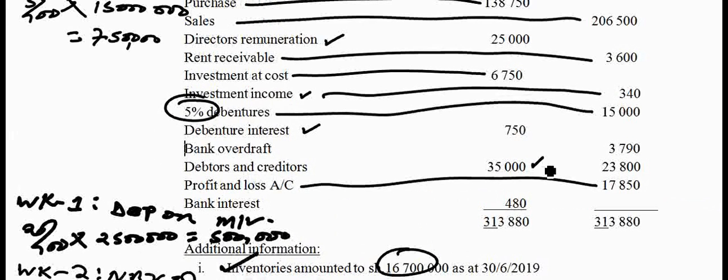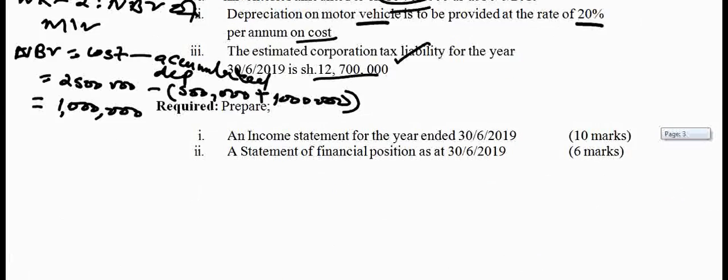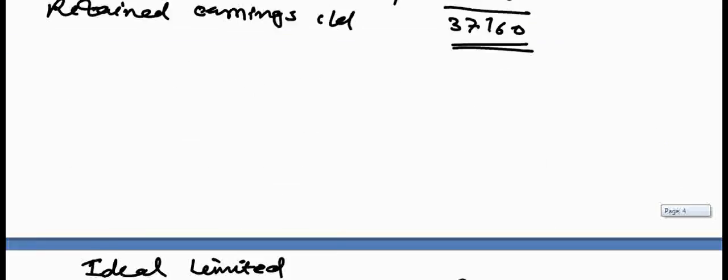Debtors inakuanga debit side, alafu credit side ndio inakuwa ni creditors. So debtors ni 35k, alafu stock tunachukua ni closing stock 16700. Then wacha tuone kama tuko na kitu kama cash in hand.